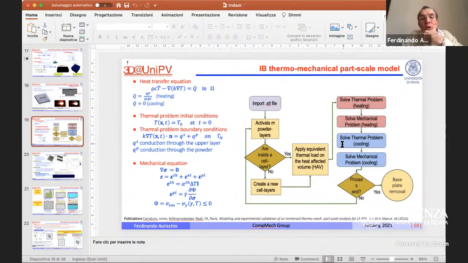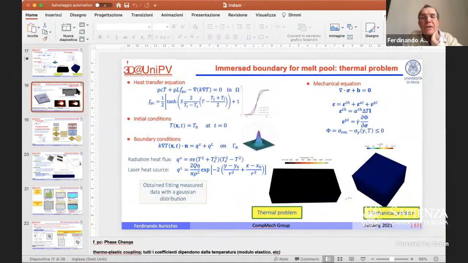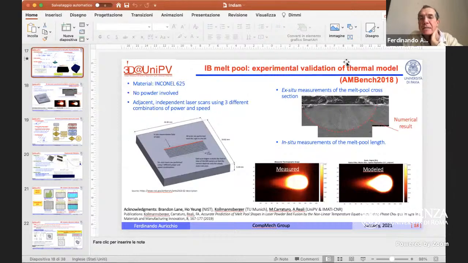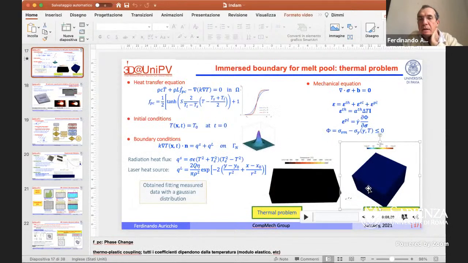Okay, you're talking about the macro scale. When you do the macro scale, you can do some micro simulations on components like these, for example on multiple scans, and try to get some of the features. But clearly, going from the micro to the macro scale is a big jump.